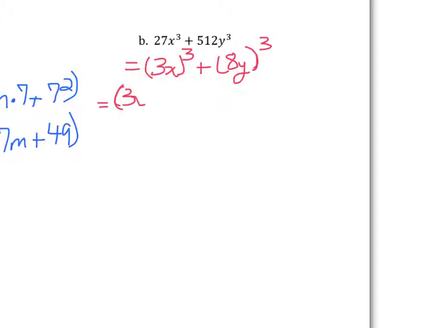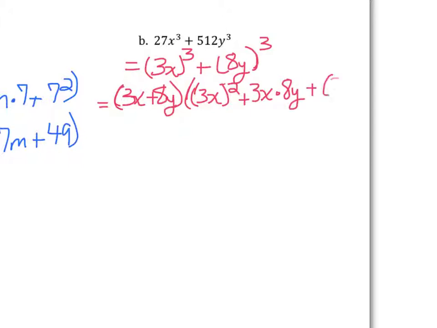I'm going to get a 3x plus 8y times a 3x quantity squared, right, plus a 3x times 8y plus an 8y quantity squared, and I'll close off that parentheses.